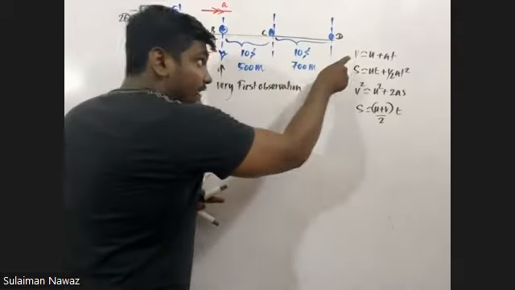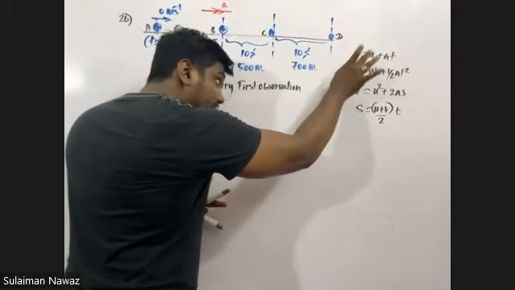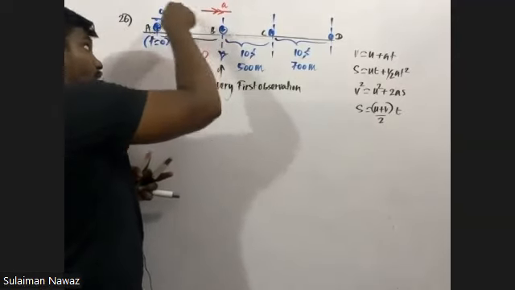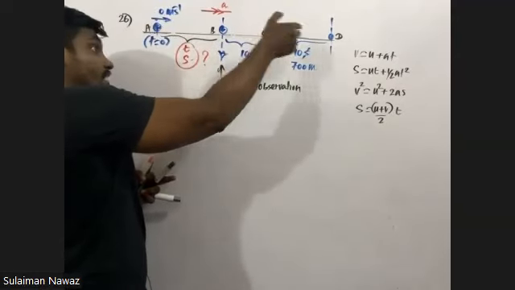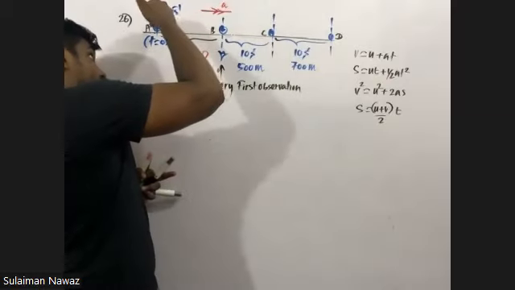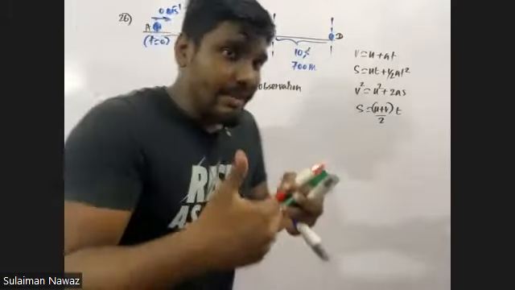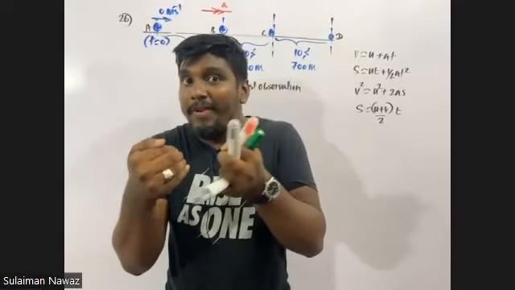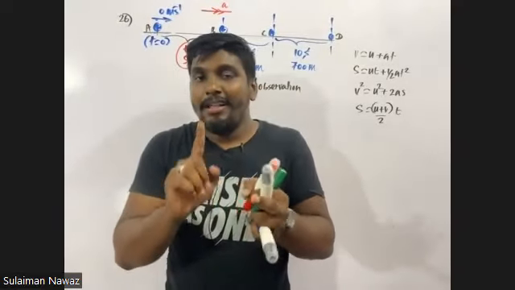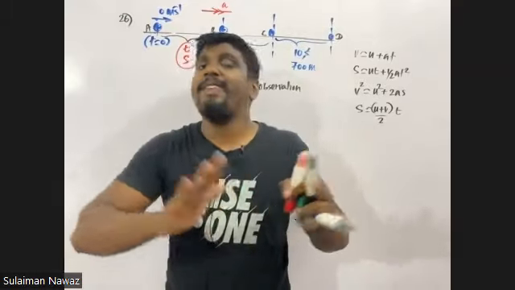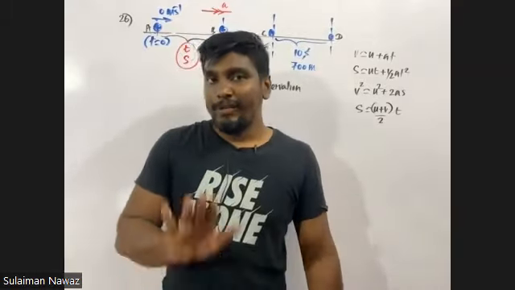Based on exactly from where to where he applies this equation, one can apply it to A to B motion, A to C motion, or B to D motion, V equals U plus AT. Based on where you apply it, that also makes your question very simple, or very complex.